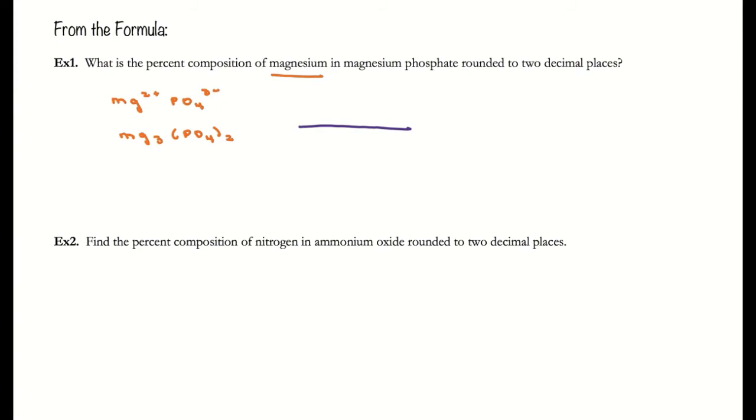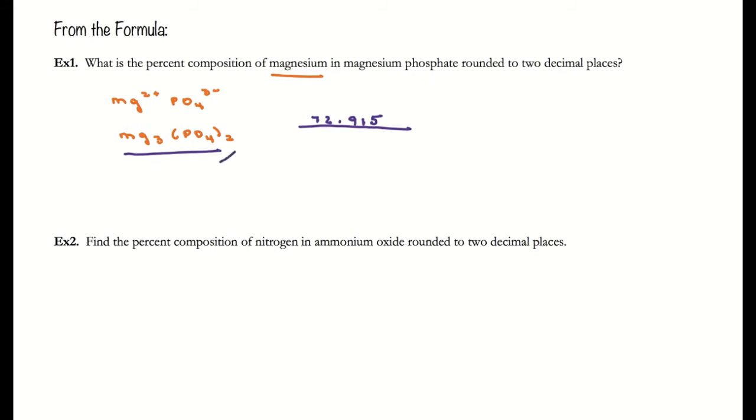The molar mass of magnesium is 24.305. However, I have 3 magnesium, so I'm going to multiply that value by 3. And so the molar mass of magnesium in magnesium phosphate, and I'm not going to round it at all, I'm just going to put what's given, is 72.915. Then I need to find the total molar mass of this compound. So I'm going to take that 72.915 and add to that the molar mass of phosphorus, which is 30.974.